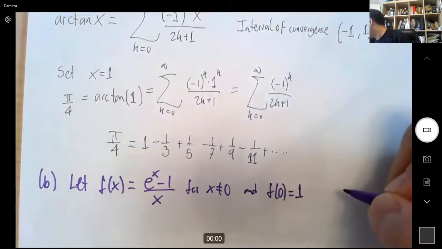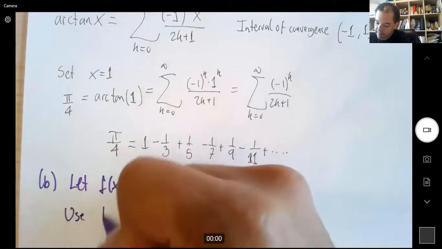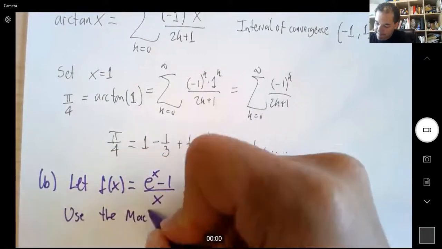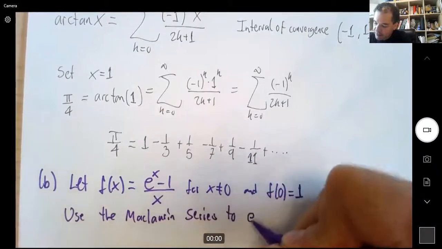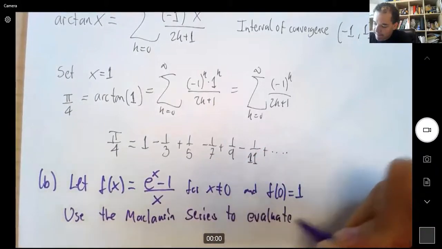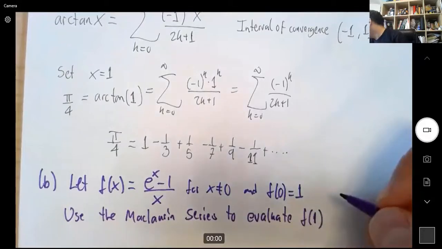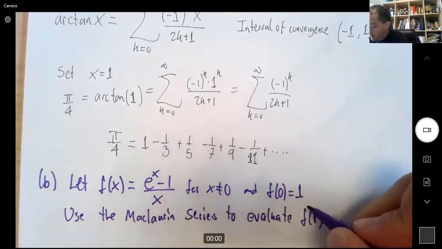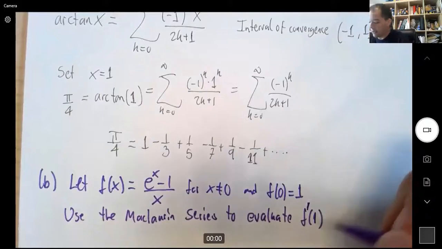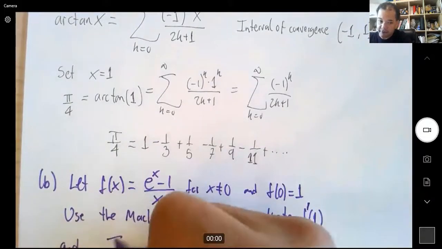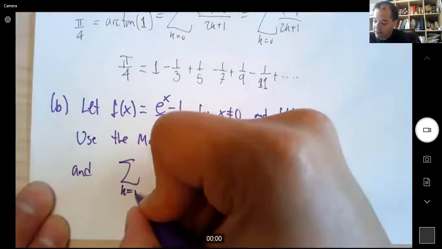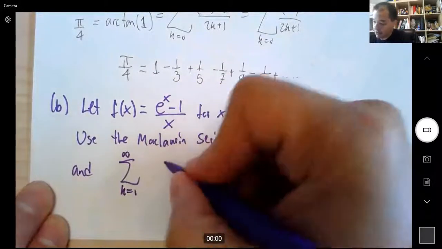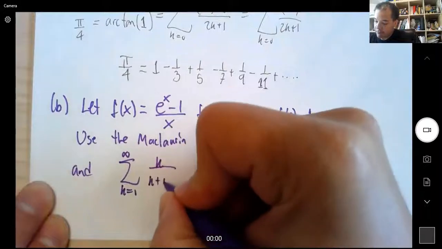Use the Maclaurin series for f to evaluate f prime of 1, the derivative at 1, and the series from 1 to infinity of k over k plus 1 factorial.